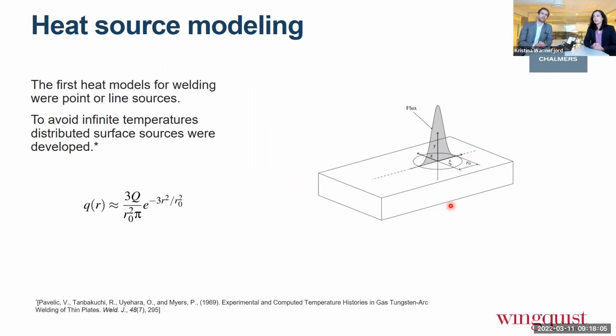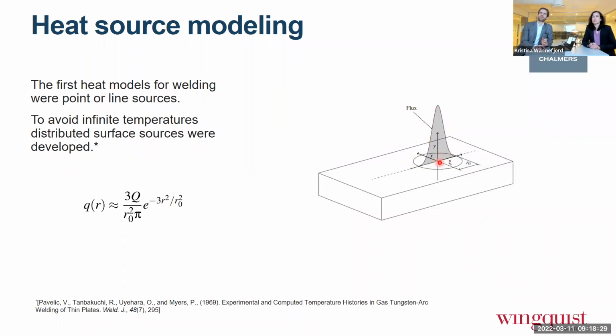And in 1969, Pavlik et al. proposed this surface heat source. So they distributed the heat input on the surface. So you can see it's like a circle here. And inside this circle, it's a Gaussian distribution.